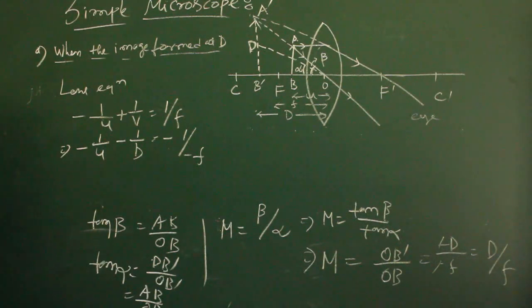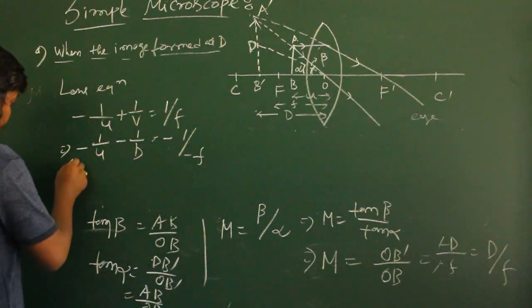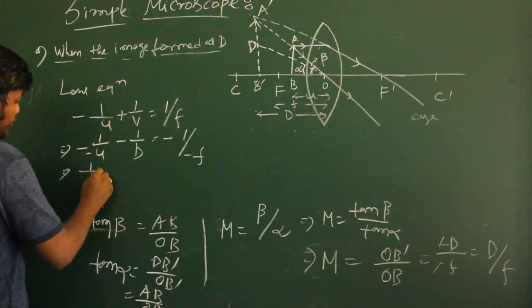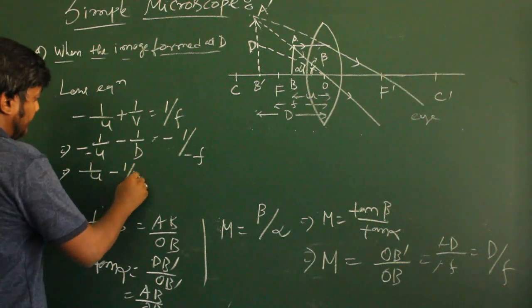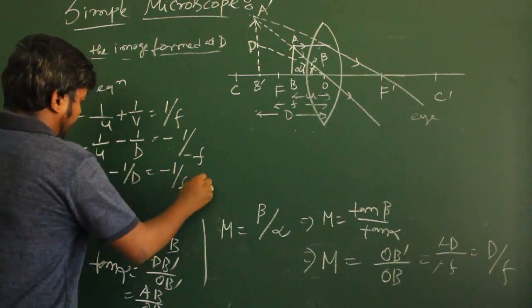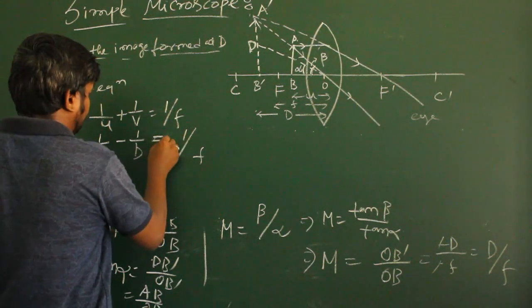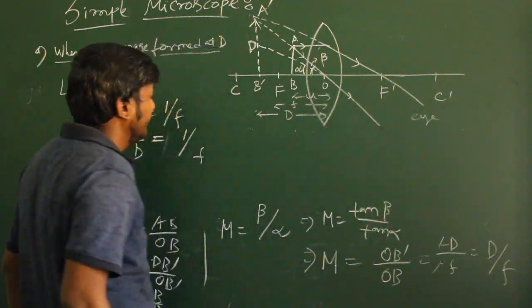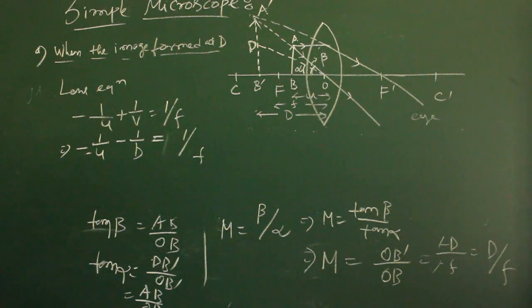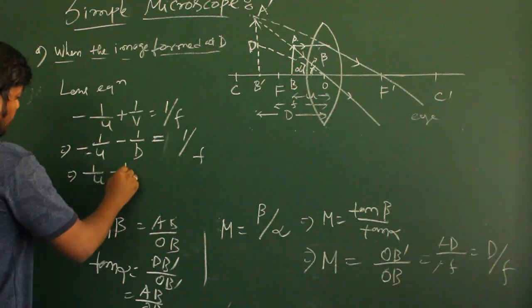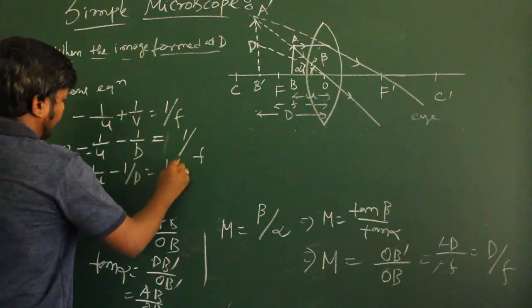Okay, so it is minus u, so it will be 1 by u minus 1 by d equals minus 1 by f, plus 1 by f is this one, okay, so 1 by f. So it will be 1 by u minus 1 by d equals 1 by f.